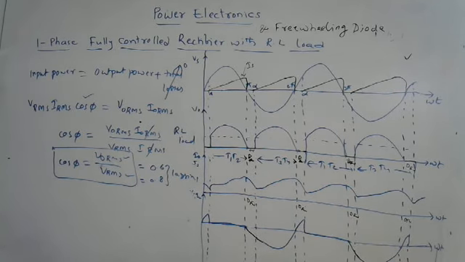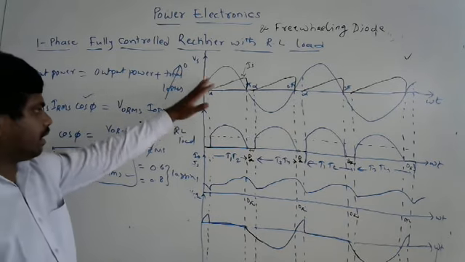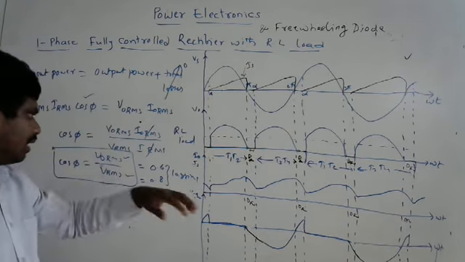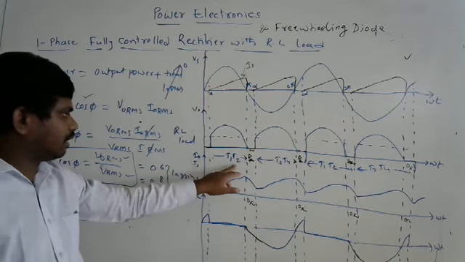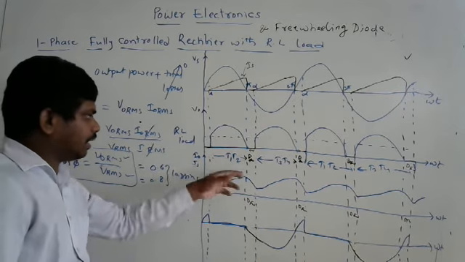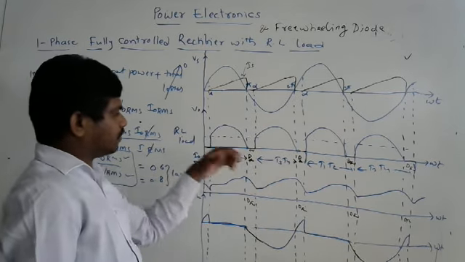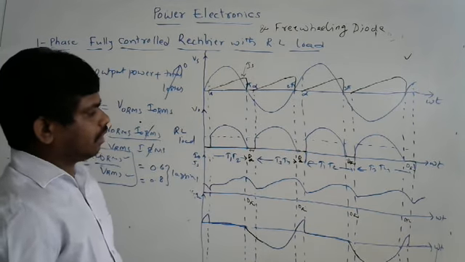We have seen the circuit configuration, its working, at what time the thyristors are triggered and which are conducting, and the waveforms based on the conduction of thyristors T1 and T2 for the positive half cycle of the input supply, T3 and T4 for the negative half cycle, and so on.